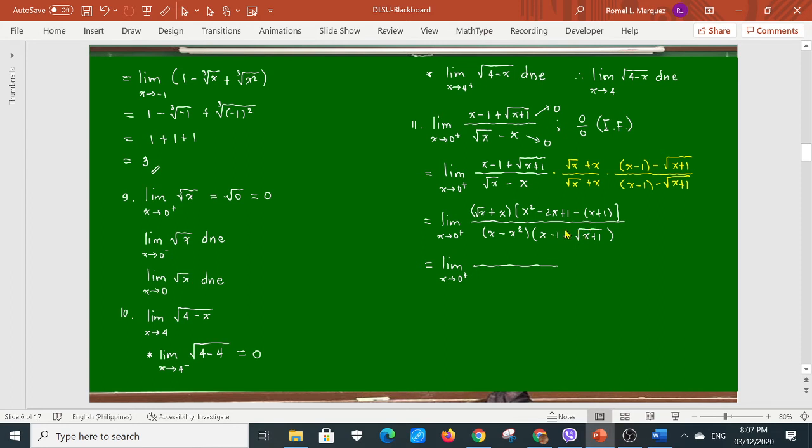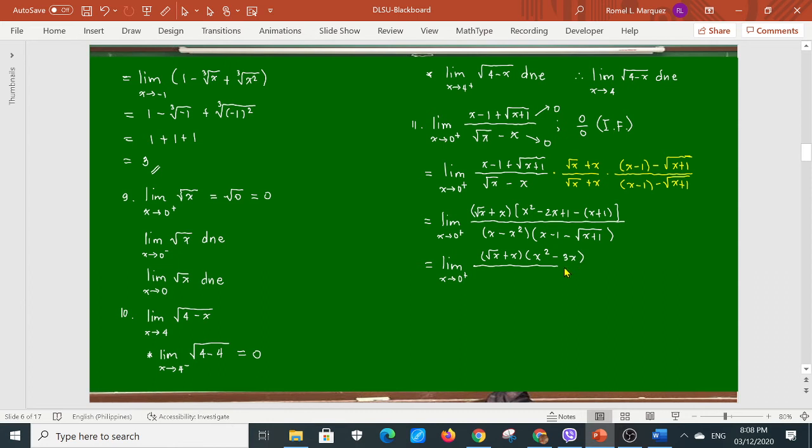O, ano nang nangyari, guys? Ano nang simplified form? Square root of x plus x. Ha? That is x squared minus ano? 3x.